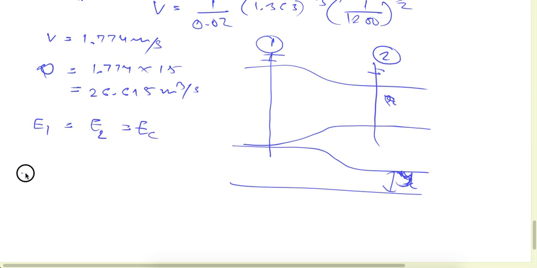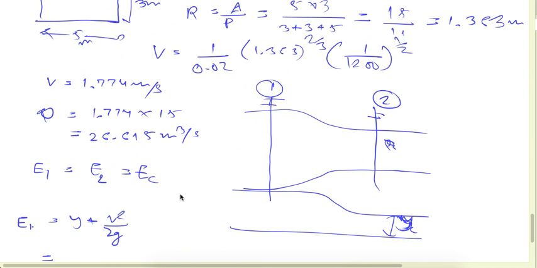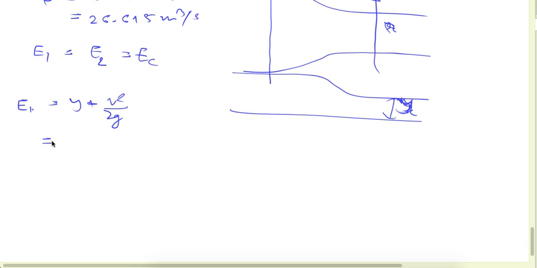So first of all let's find out E1, which is equal to y plus v square upon 2g, and the depth of flow is 3 meter here, plus velocity was 1.774 square divided by 2 into 9.81.